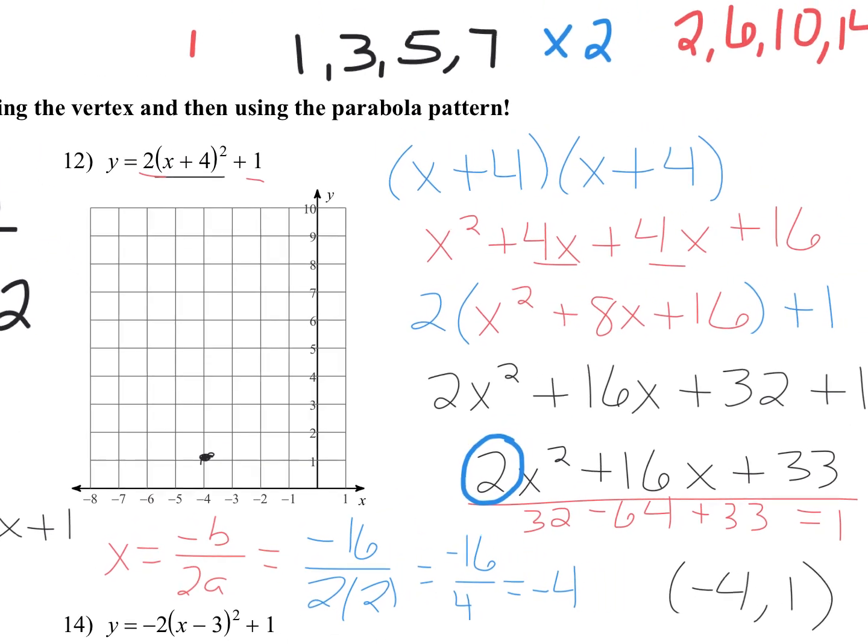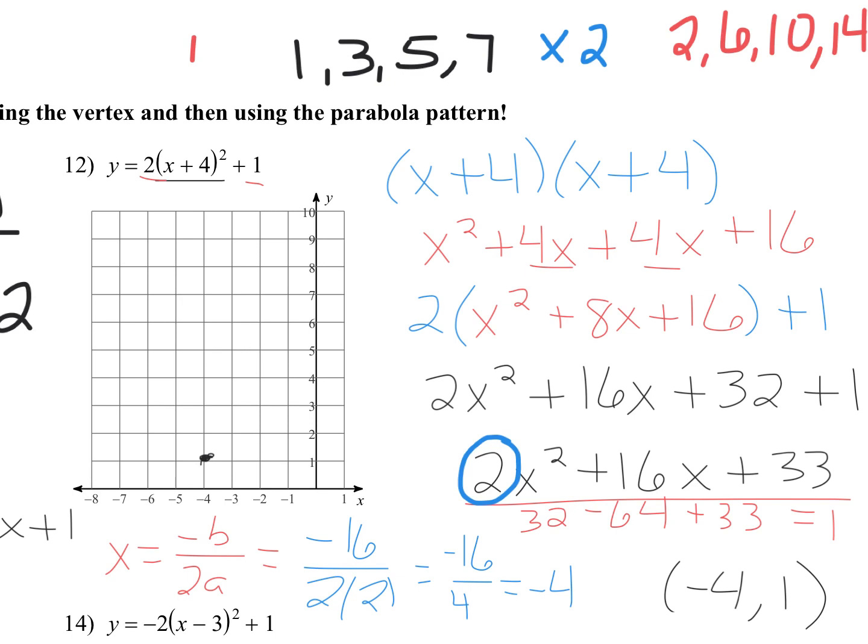So from our vertex, what do I do? Over 1 up 2, and then over 1 up 6. Yep. You can do the same thing on the other side, or you can mirror it. And then draw your picture.